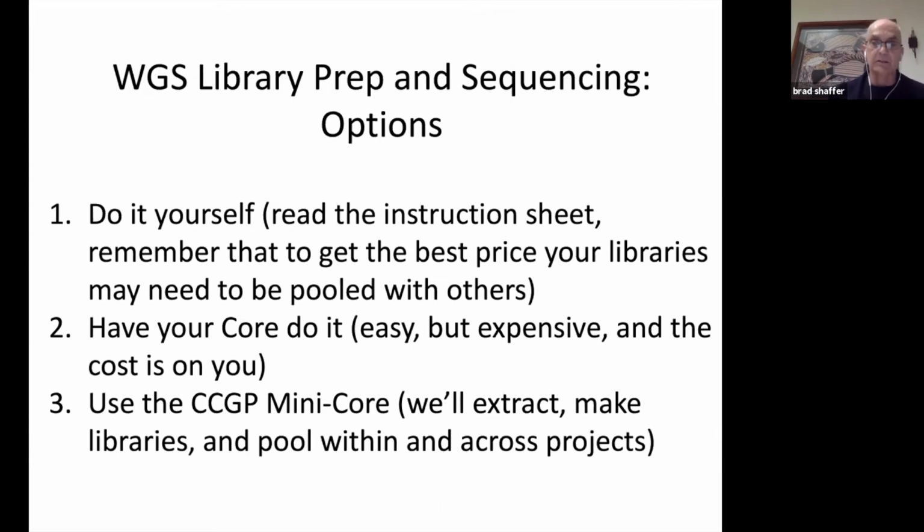So in order for you to get that best price, and this is again on the whole genome short read work, your libraries may need to be pooled with others from other projects. Now, with Illumina sequencing, that's not a problem. What is a problem is that you can have indexes that conflict with each other. You can have overlap in indices, and then you can't demultiplex.